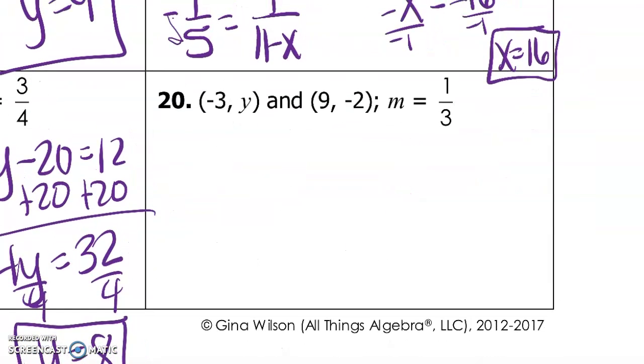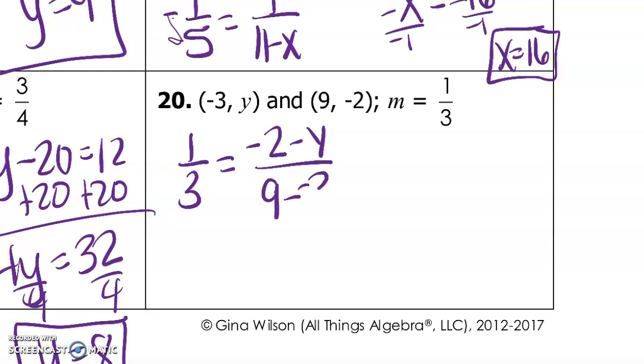And finally, number 20, 1/3 equals negative 2 minus y over 9 minus negative 3. So 1/3 equals negative 2 minus y over 12.